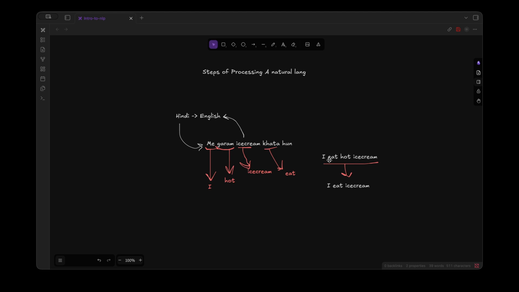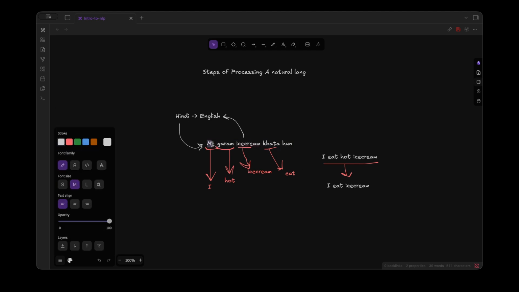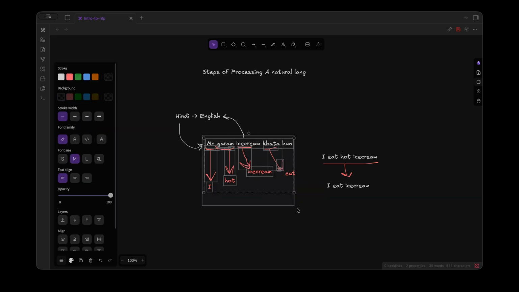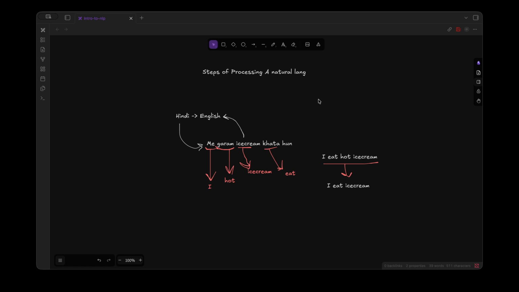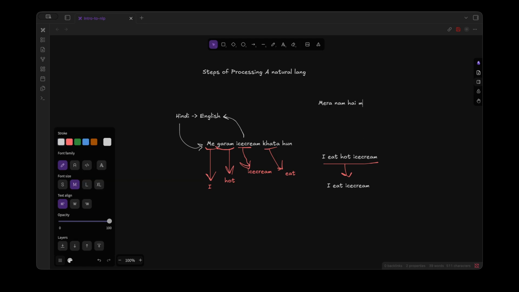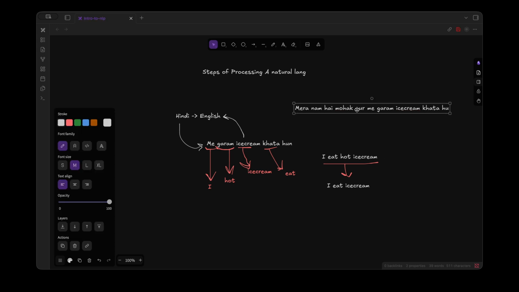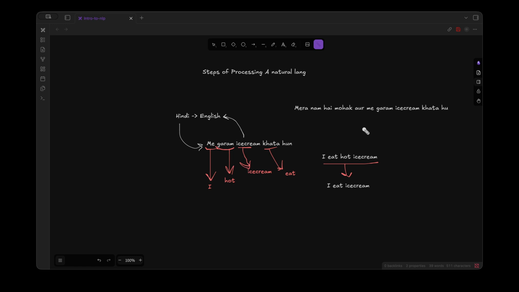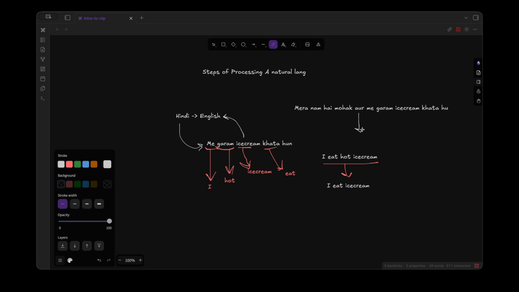Let's say if I say मेरा नाम है मोहक, so what do I do? I write another word, something like मेरा नाम है मोहक और मैं गरम आइसक्रीम खाता हूँ, right? If I convert this directly, so what will be the grammatically correct sentence?